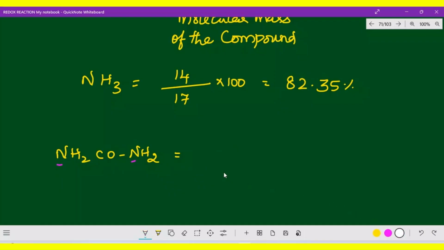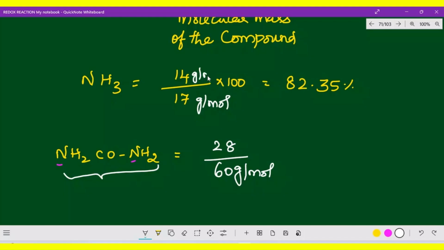Here 2 nitrogens are available, so the mass of nitrogen is 14 plus 14, 28. 28 divided by the complete molecular mass of urea, which is 60 gram per mole, into 100. Everywhere it is gram per mole, because we are dealing with atomic mass and molecular mass. So you'll be getting around 46.6%.